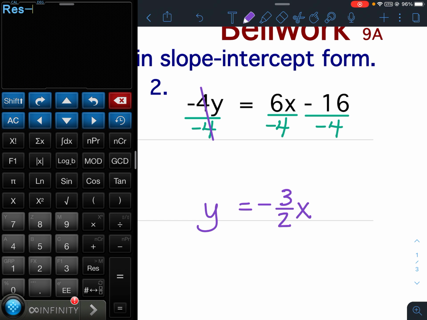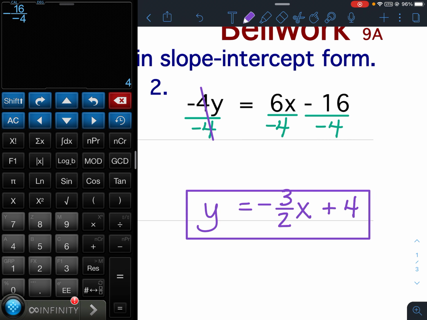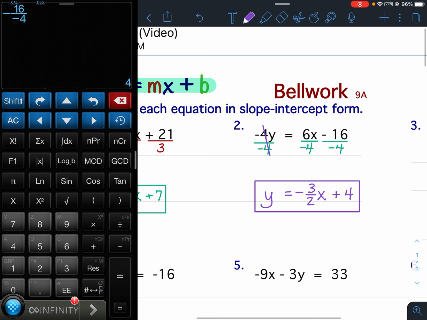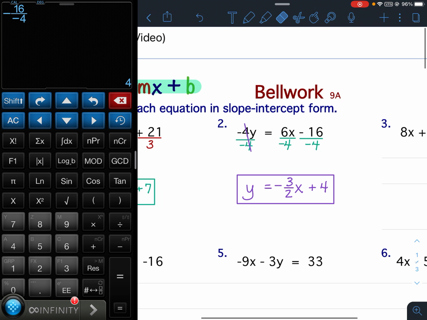Then I'm going to take -16, don't forget to clear it, -16 over -4. -16 over -4 is +4. So the equation for problem number 2, simplified into slope-intercept form, is y equals negative 3/2 x plus 4. Make sure you have all that written down.